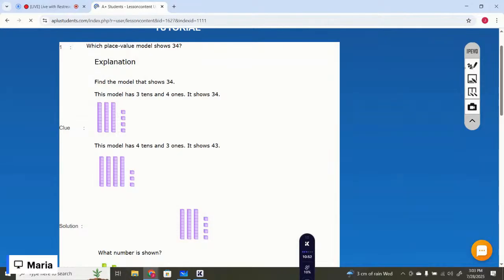So just look at this model. We have these three lines. Each line has 10 small squares. So we have three tens and 1, 2, 3, 4. The single squares represent ones.